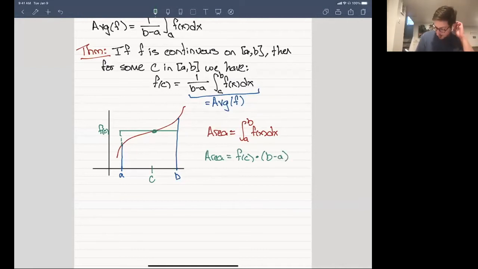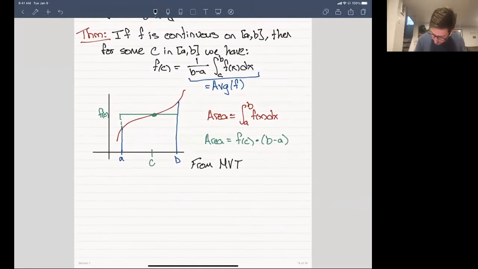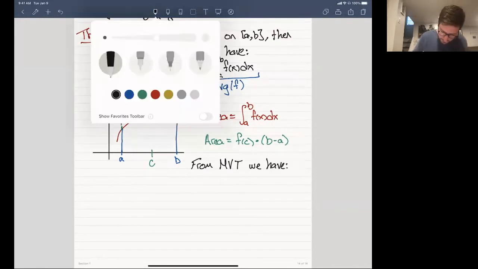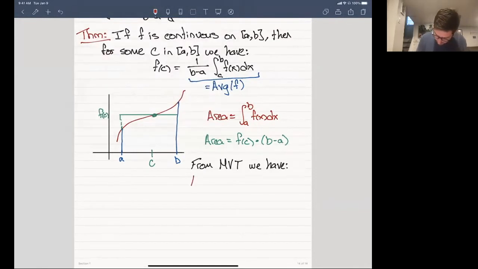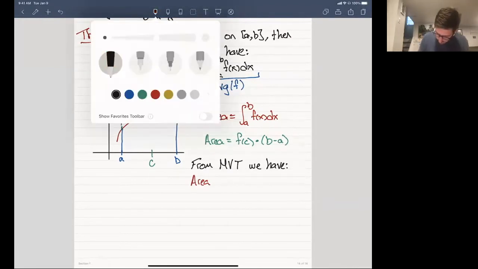So what does that tell us? From the mean value theorem, MVT, the red area is equal to the green area.